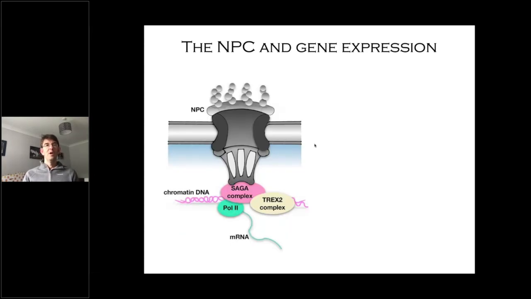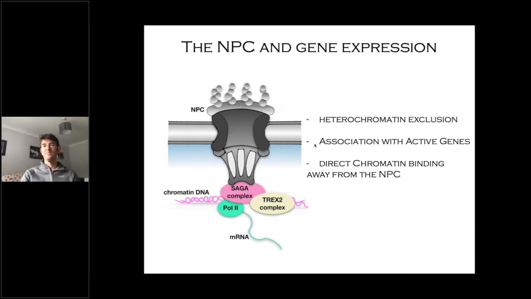We also know that this nuclear basket within the nuclear pore complex interacts with the SAGA complex and the TREX2 complex, which are involved with taking messenger RNAs and transporting them towards the periphery of the nucleus. So it does appear that the nuclear pore complex plays a more active role in the control of gene expression.